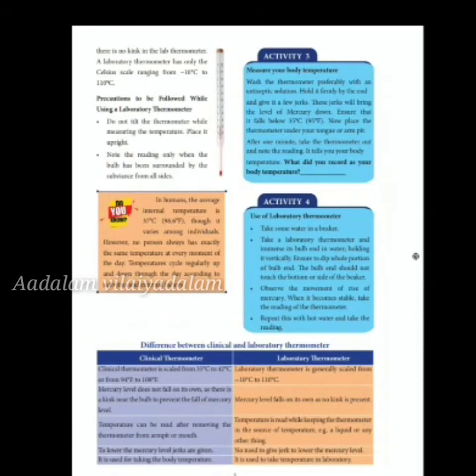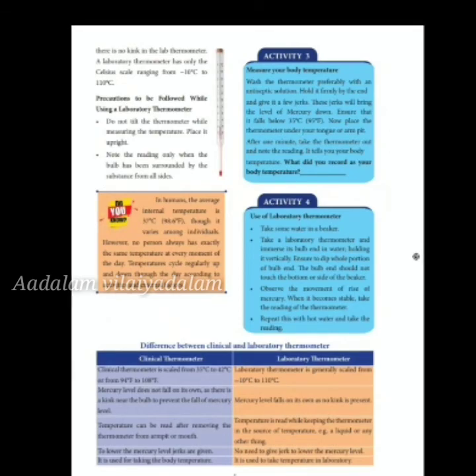In the clinical thermometer, temperature can be read after removing the thermometer from the armpit or mouth. In the laboratory thermometer, the temperature is read while keeping the thermometer in the source of temperature, for example a liquid or any other thing. To lower the mercury level in the clinical thermometer, jerks are given. You have to shake the thermometer to bring the mercury level down.